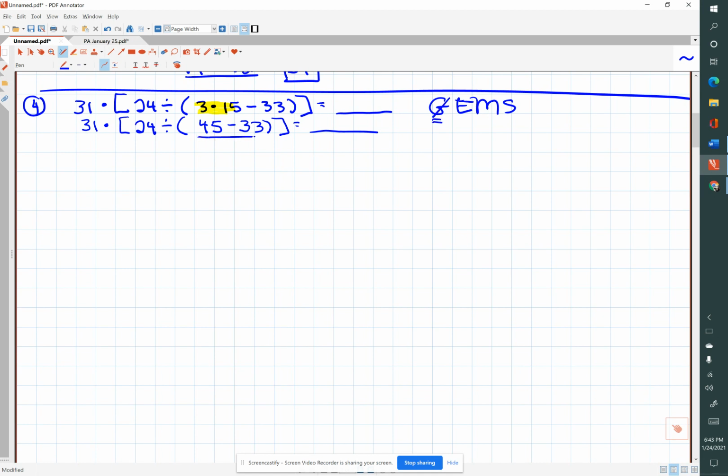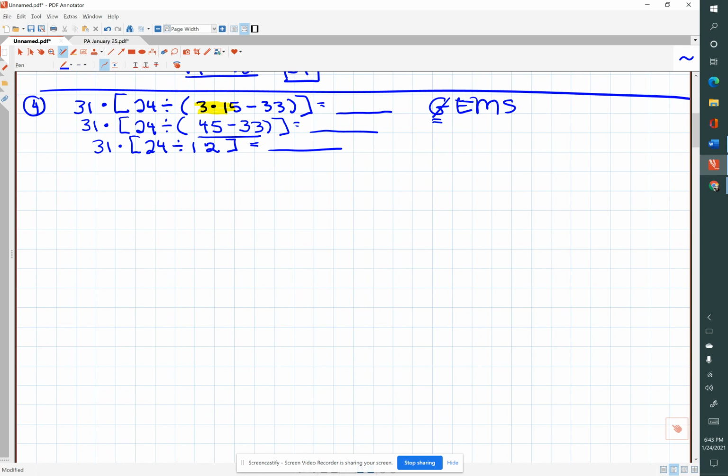So we're going to work with 45 minus 33. So 31 times 24 divided by 45 minus 33 is 12. Equals.